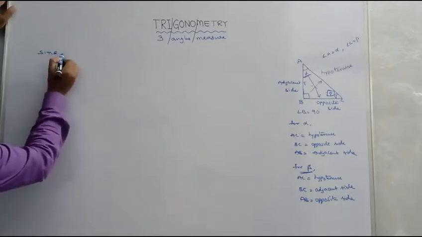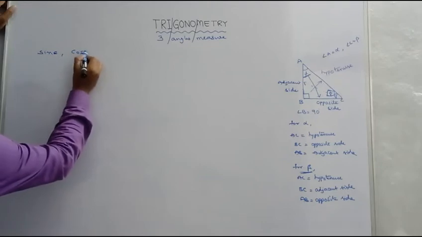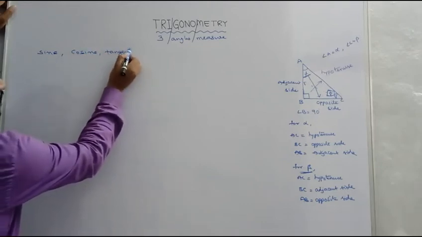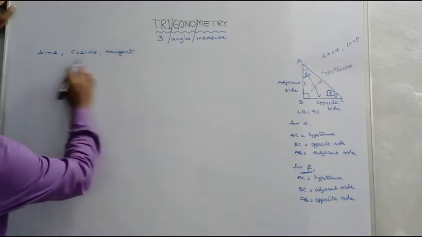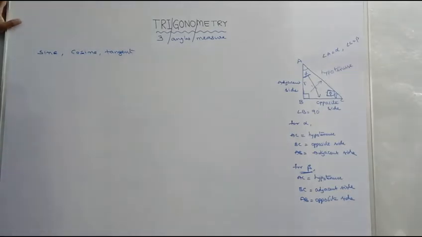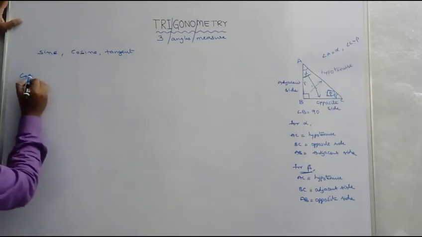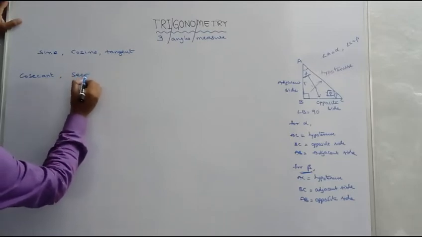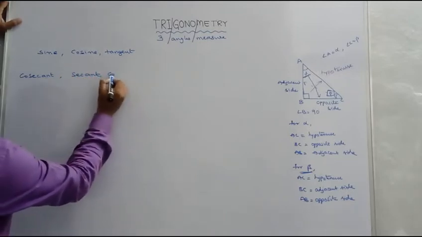we have sine, cosine, tangent as the three basic trigonometric ratios, and reciprocals of these three can be considered as cosecant, secant and cotangent.